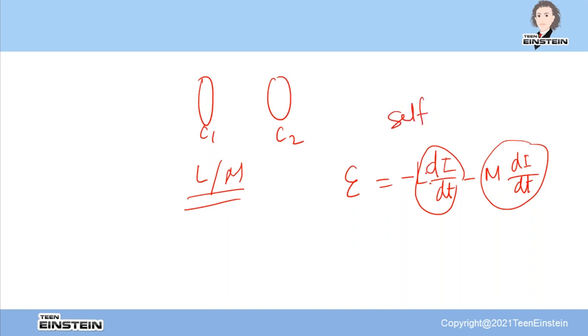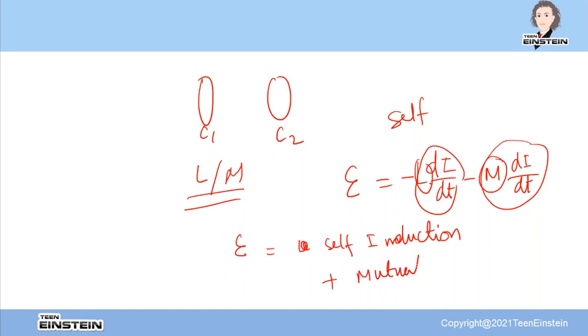The phenomenon is called induction, and the constant L is called self inductance, and this is called mutual inductance. So the total induced EMF will be due to both self induction and mutual induction.